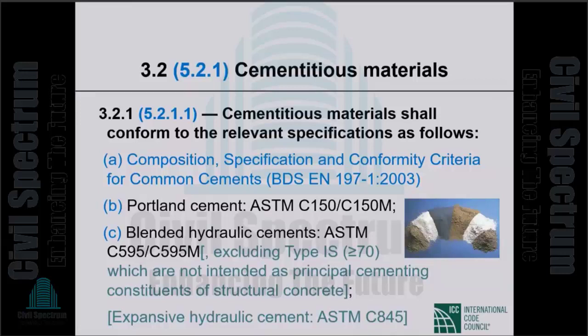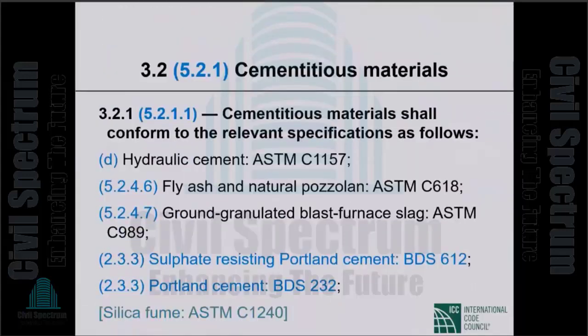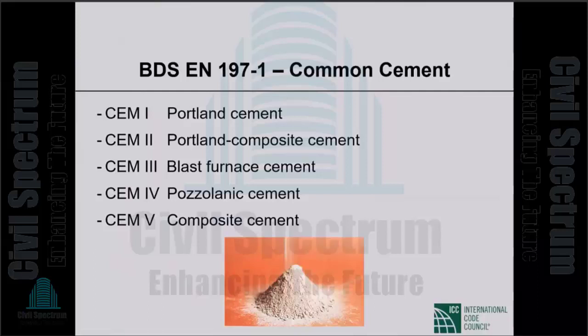Okay, so Portland cement, then blended hydraulic cement C595, hydraulic cement C1157, and the mineral admixtures, among which fly ash and natural pozzolans and ground granulated blast furnace slag. This is what we are dealing with for concrete making. The BDS 197 cement comes, theoretically at least, in 5 varieties.